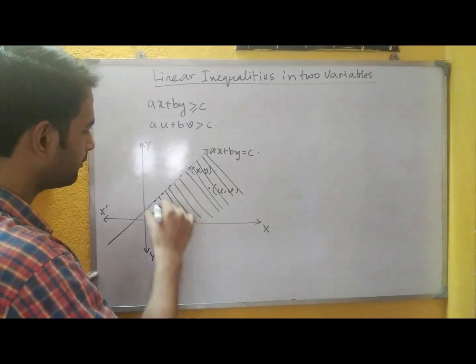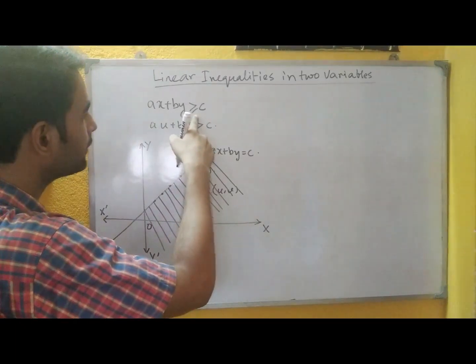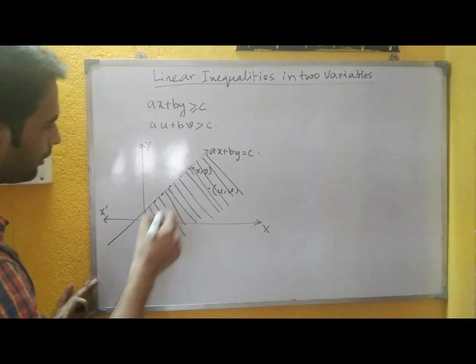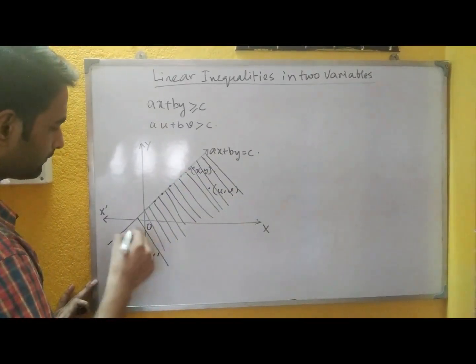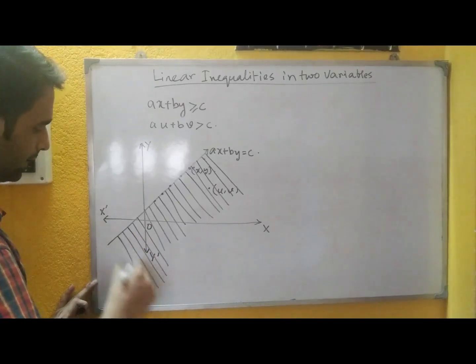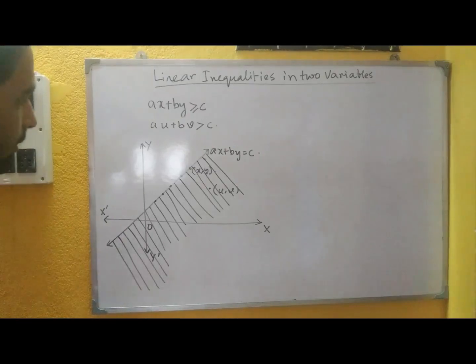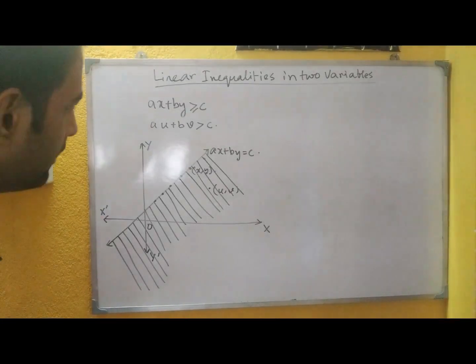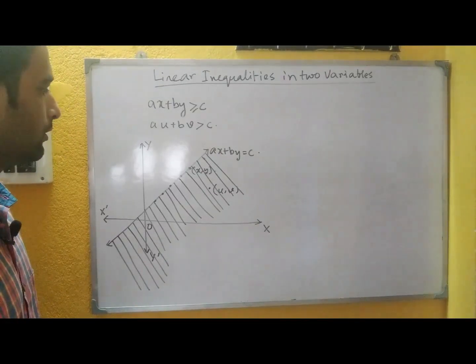And since this is a greater than or equal to inequality, all the points on the line are also solutions. That is why we take the whole region on the side of (u, v) as the solution set.